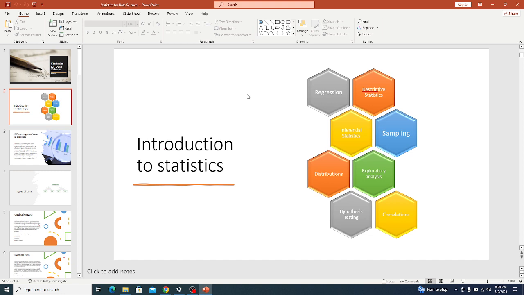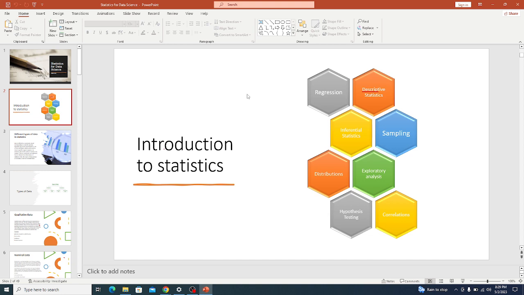All right. We'll also discuss correlation, that is the strength of relationship between two variables. So we'll talk about correlation and also covariance. We'll also talk about exploratory analysis and also sampling.